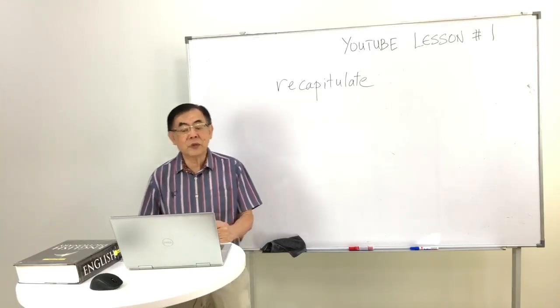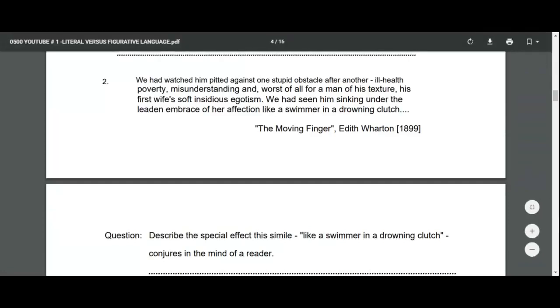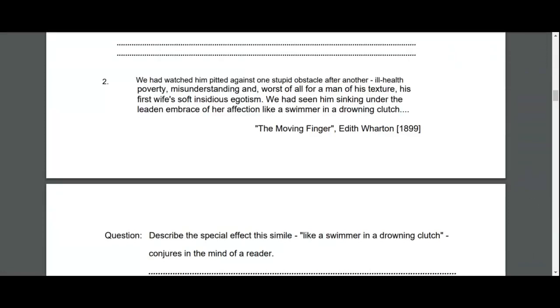This is taken from the Cambridge Stories of Ourselves. All right, the storybook that we have, Cambridge Stories of Ourselves, The Moving Finger by Edith Wharton. And you have these lines in that story. We had watched him pitted against one stupid obstacle after another.